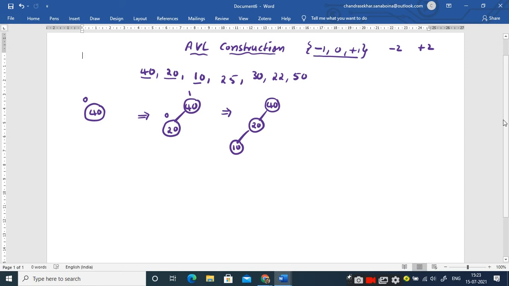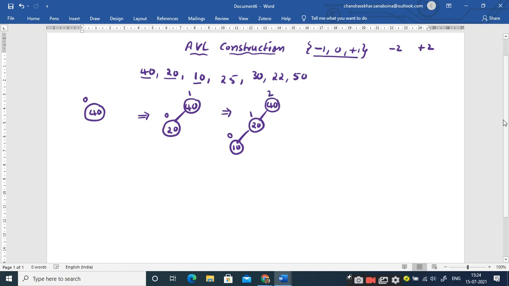So after inserting 10 as the left child of 20, now I have to recalculate the balance factors. The balance factor of 10 is 0. The balance factor of 20 is 1, and of 40 it is 2.